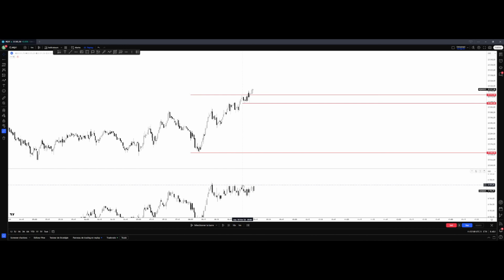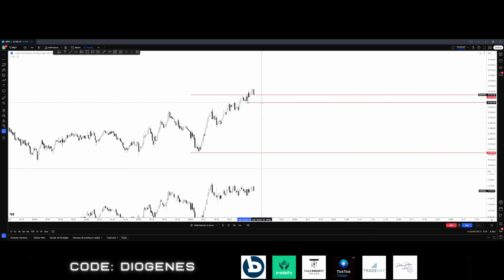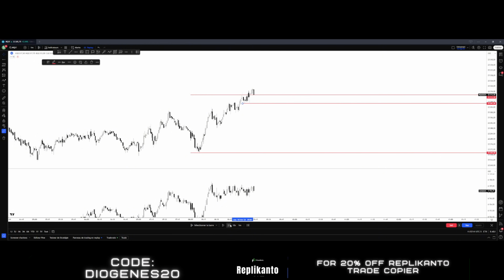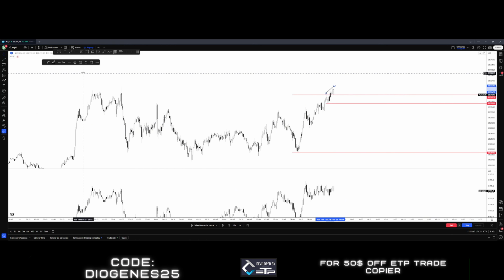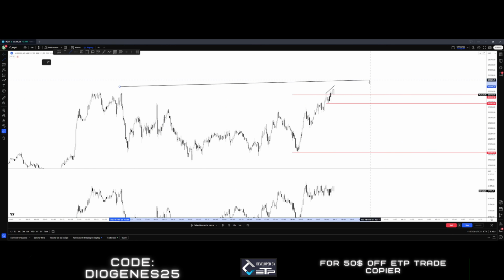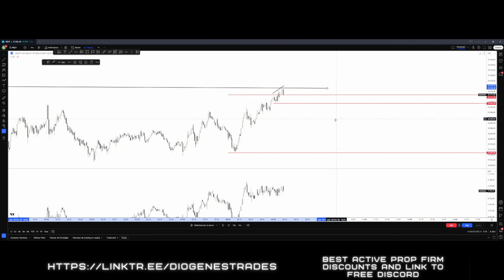All right, we are still creating this huge SMT. My breaker level is here, but I still prefer price to take both of these. Okay, so we have SMT. Lower time frame SMT and a higher time frame SMT. So this is even stronger.